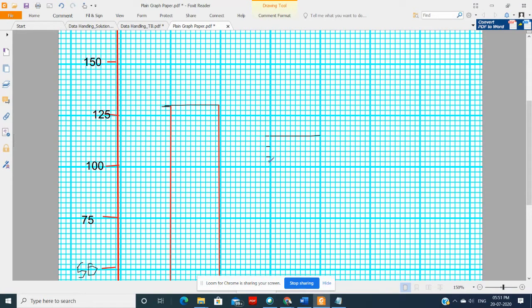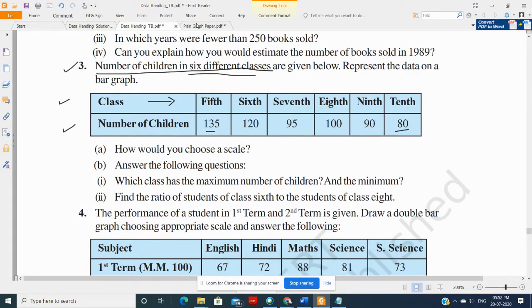So after 100, 2 boxes gives me 5. So 105. Again 2 boxes gives me 5. So 110. Again 2 boxes give me 5. So 115. And then one more, 120. Okay. And your number is 120.